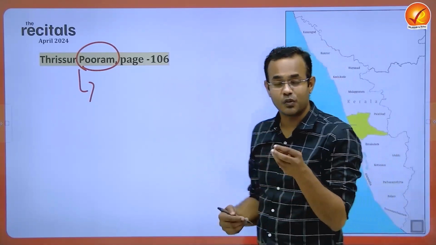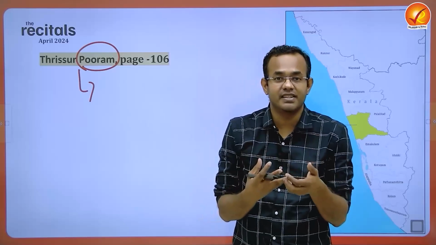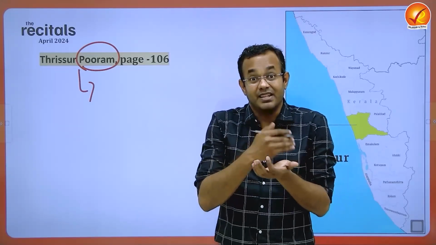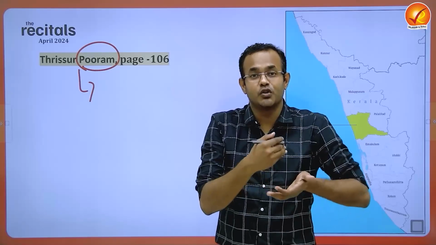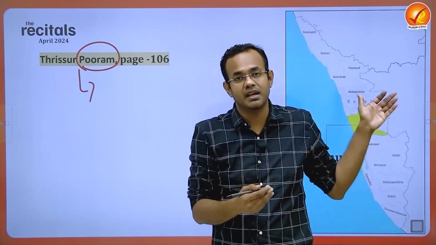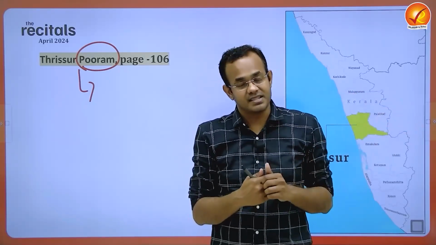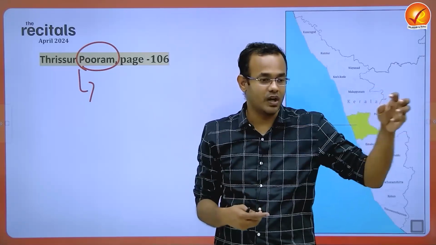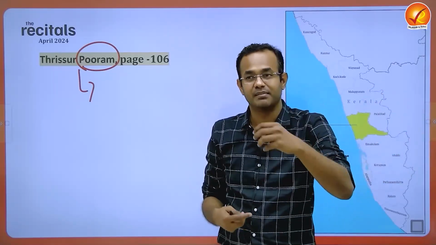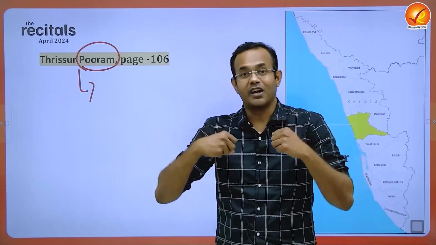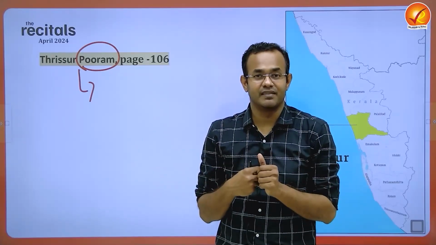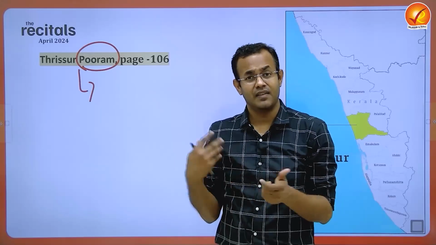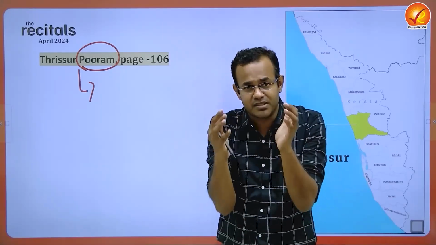It came in the news for one reason, where the usage of elephants has been taking place in Thrissur Pooram festival. So, that's where it came into the news, whether to use it or not. This has been a question of discussion for more than decades with respect to animal cruelty, usage of animals, human wildlife conflict which takes place. Incidents happen with respect to it, unfortunately, and the Supreme Court discussions. This is a complex scenario.